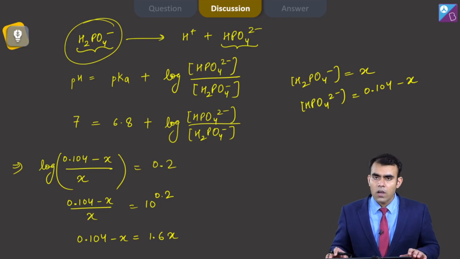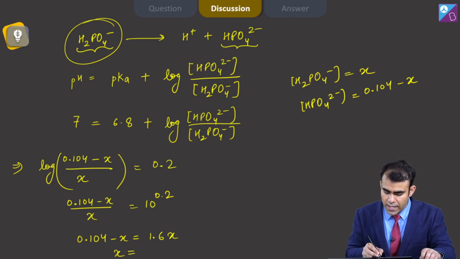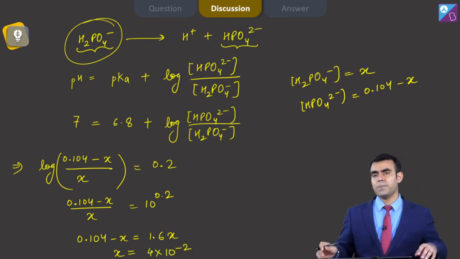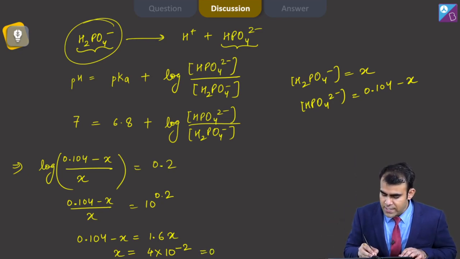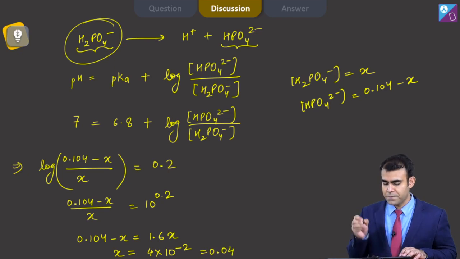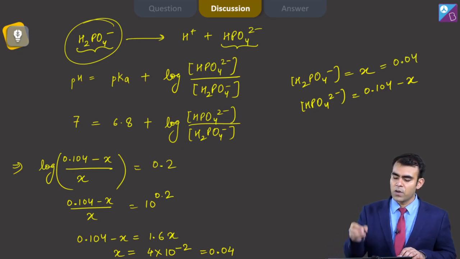Now if I solve this, then the value of x that we obtain from here is 4 into 10 to the power minus 2, that is 0.04. Now if H2PO4 minus is 0.04, then what is the value of HPO4 2 minus?